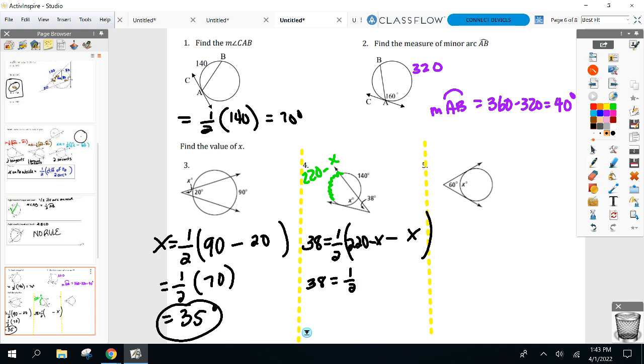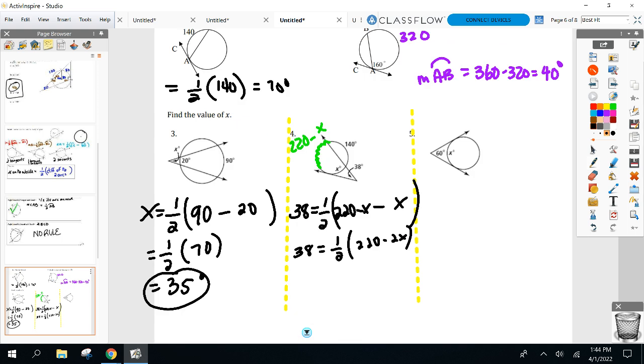I'll clean up the inside here. 220 minus 2X. And we talked about this yesterday, right? If you want to distribute, distribute. If you want to multiply both sides by 2 to cancel out the 1/2, then you do that. All right, you do what you're comfortable with. I'm a multiplying by 2 guy, so.